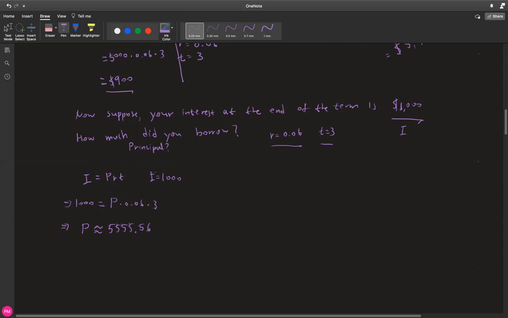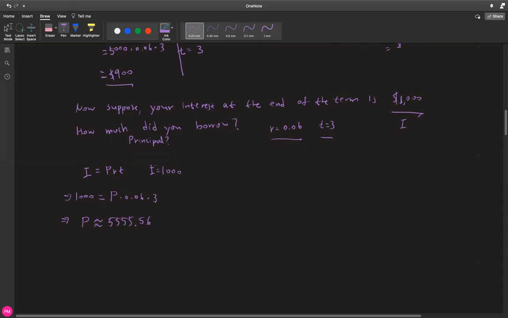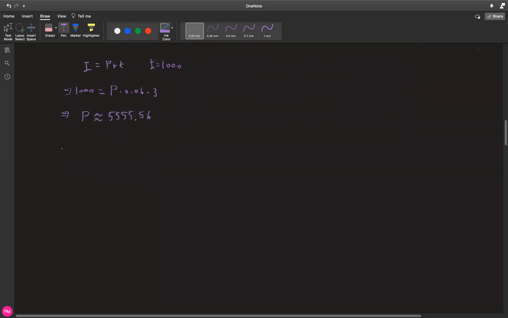So let's now talk about something else. So far we have talked about the cases where you are the borrower. You're actually borrowing money from someone or some financial institute. But what if you are the one lending the money? Let's talk about this term. So let's say bond.